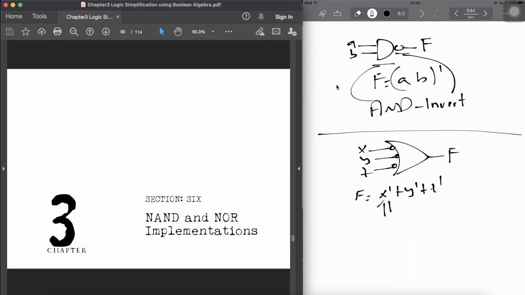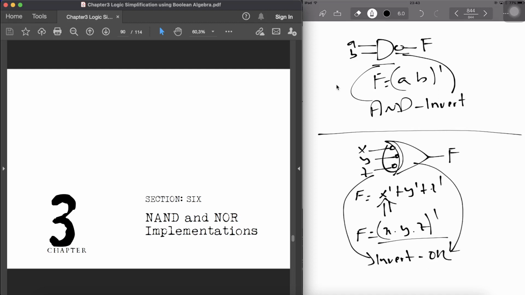This is actually coming from F equals (X·Y·Z)', which is the NAND function. If you take the De Morgan, this is what you are going to get. So you can implement it this way, and we call this invert-OR function, because we are doing the invert and then we are doing the OR implementation. So two graphic symbols for NAND operation.